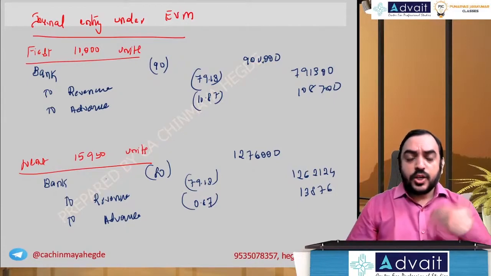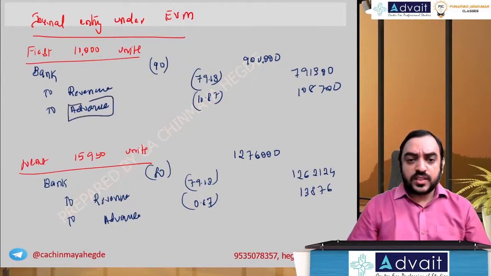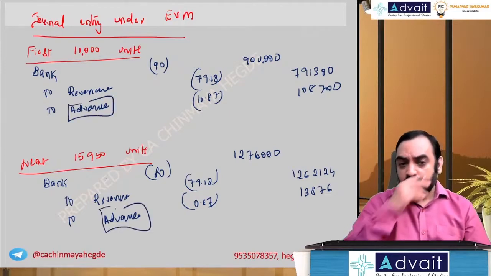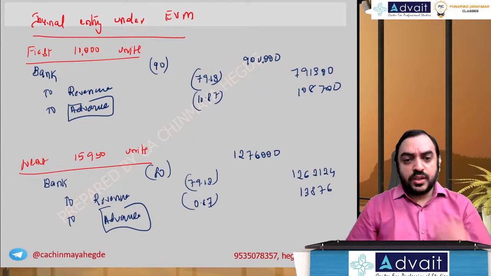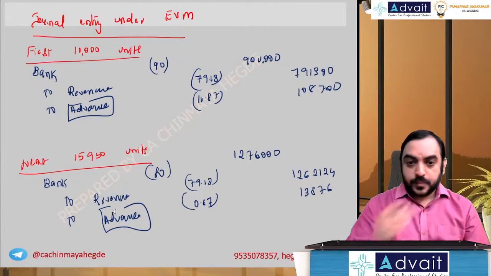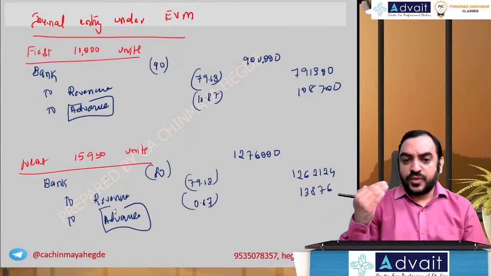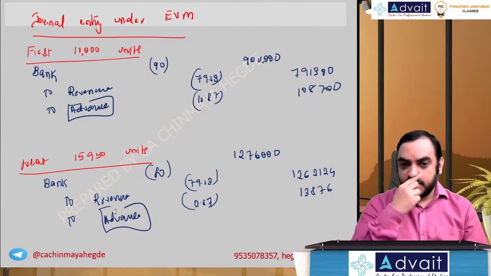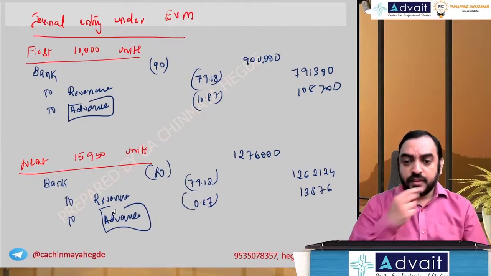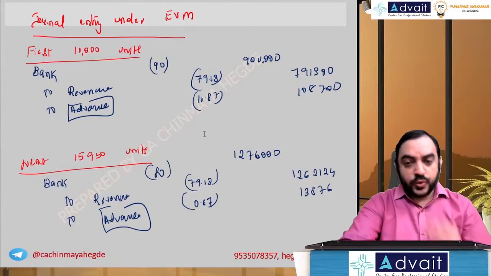Okay. Now at the end of the year, when nothing else happens, these two advance accounts are going to be closed, and you will transfer it to the revenue. And how much will be transferred to the revenue? The 12 lakh 76 on debit, 12 lakh 6124 credit, liability 36 credit, and at the end of the year, revenue is going to be the remaining amount.